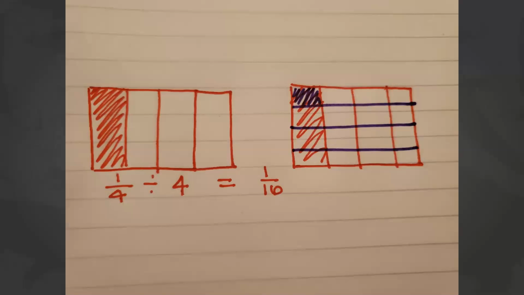What did you guys learn about the process of dividing a unit fraction by a whole number? Well, I learned that, says Susie, the quotient is usually smaller than the dividend. And we saw that really well when we did the problem just now.